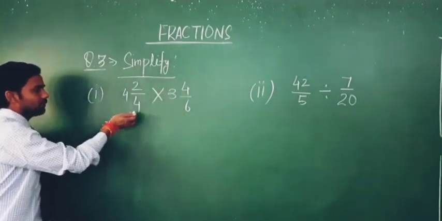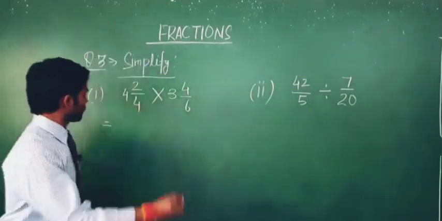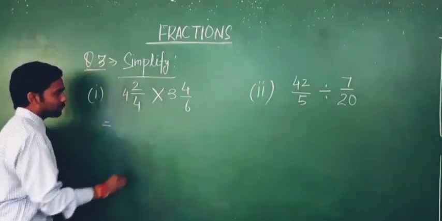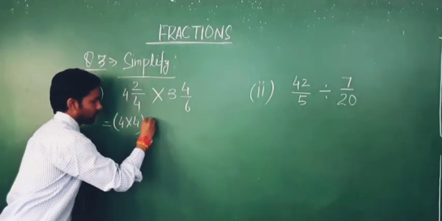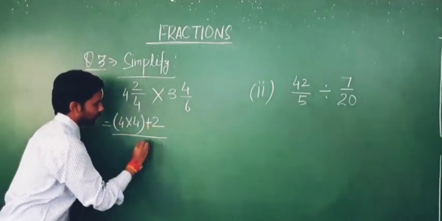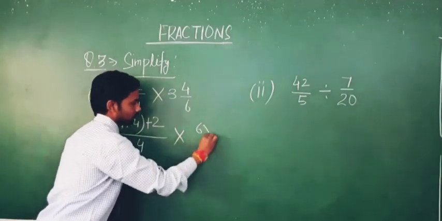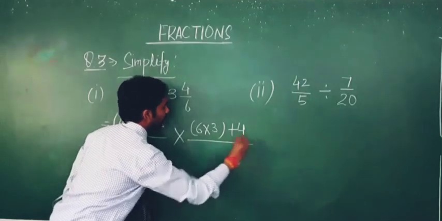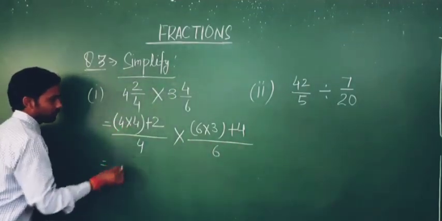Then first we change the mixed fractions into improper fractions. 4 fours are 16, 16 plus 2, upon 4. Multiplied by 6 threes are 18, plus 4, upon 6. First we solve the multiplication.